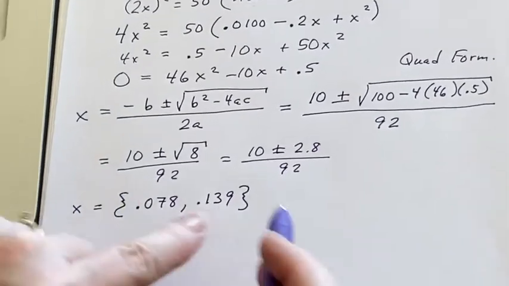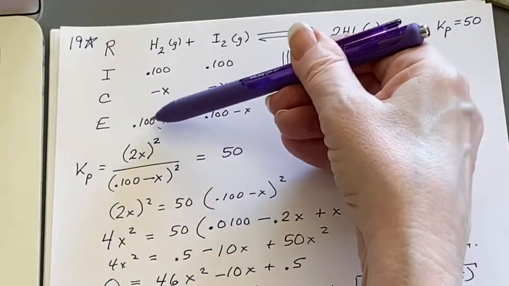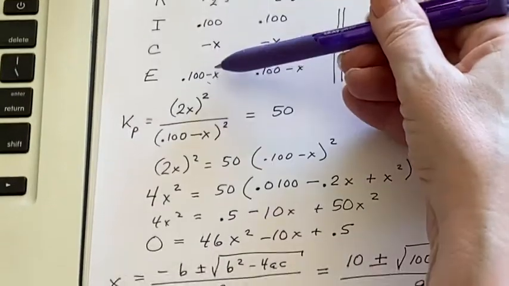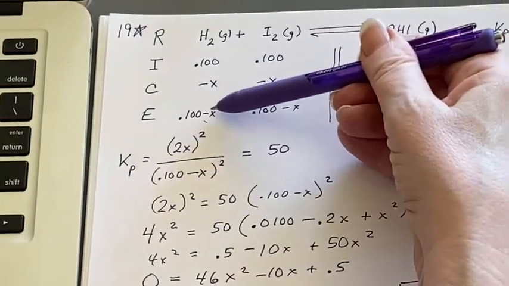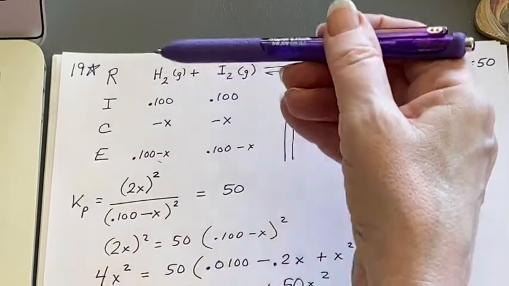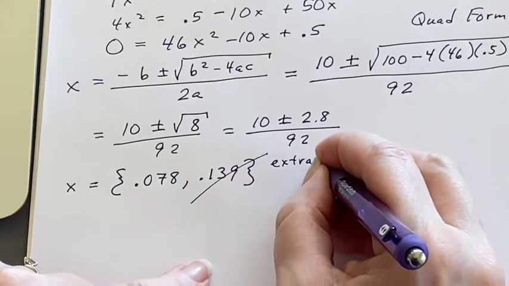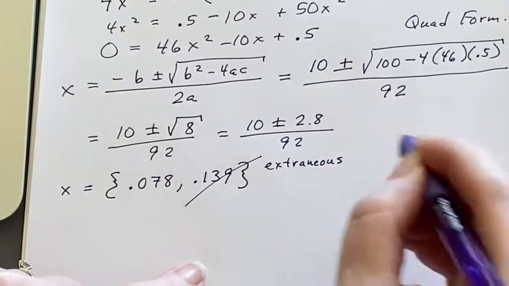This x, this says 0.139. Let's go back up here. If I did that, if I took 0.139 away from 0.1, I would end up with a negative number. That would be a negative amount of hydrogen, and that's not possible. So this one is an extraneous solution because it doesn't work in reality.